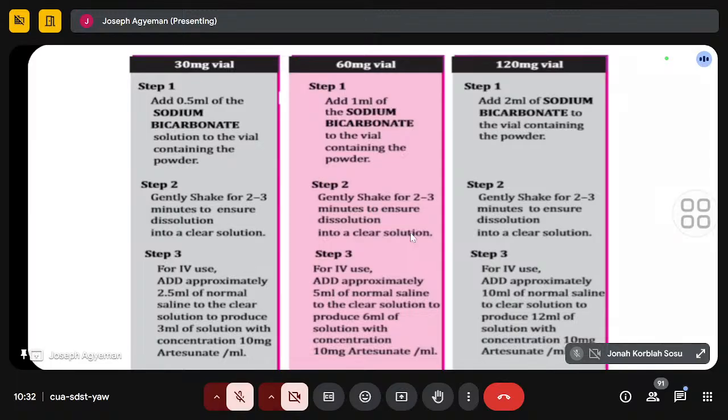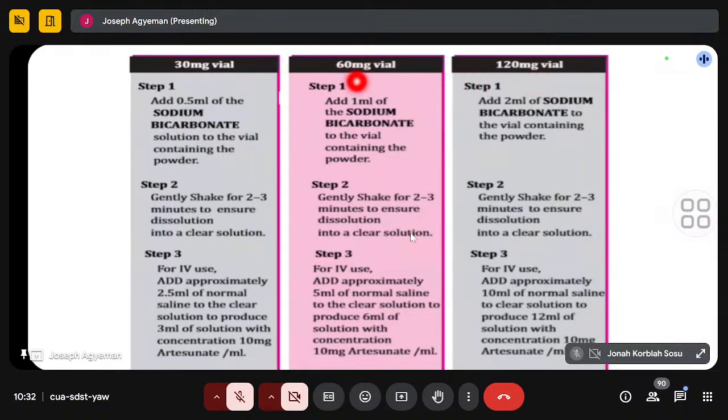Now, once you know this, the rest is just multiplying by a factor. For example, after knowing the various quantities of the various agents for the 30 milligram vial, how do you change 30 milligram to 60? When you multiply 30 by 2, you get 60. When you multiply 30 by 4, you get 120.